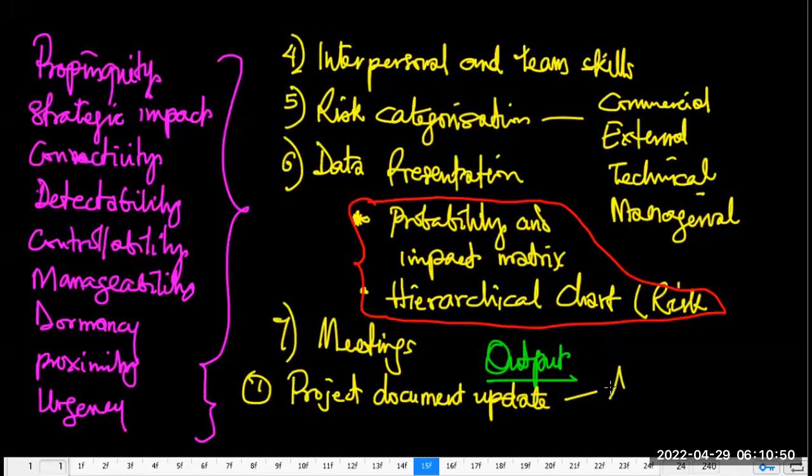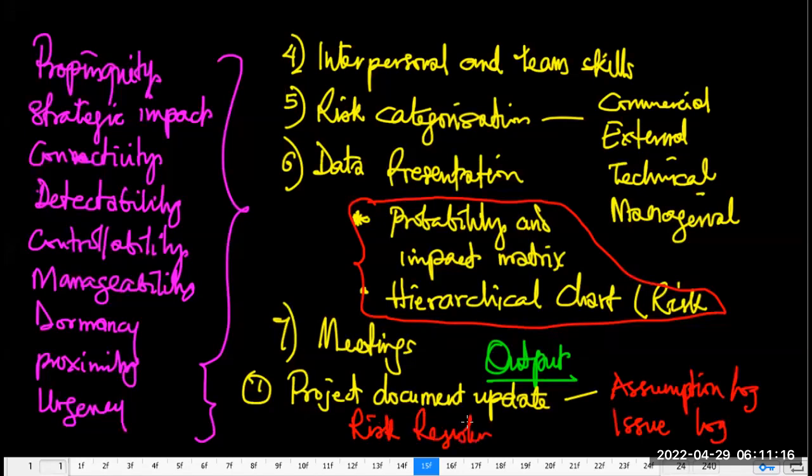There is also the assumption log. There is the issue log. You update your risk register. And last but not least, your risk report.